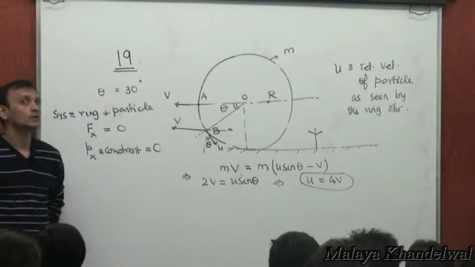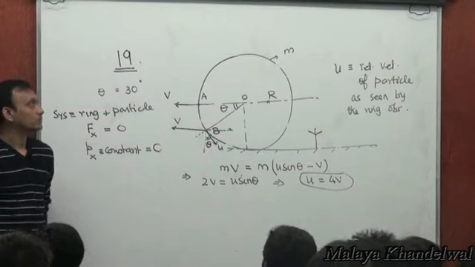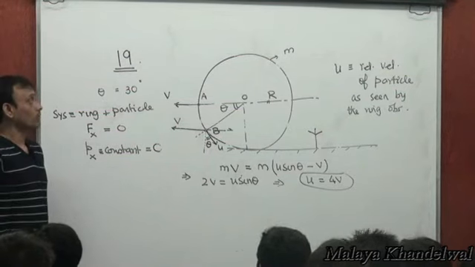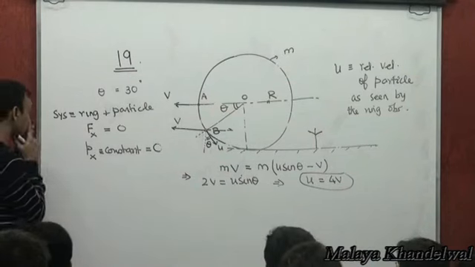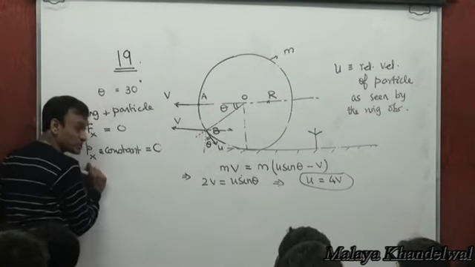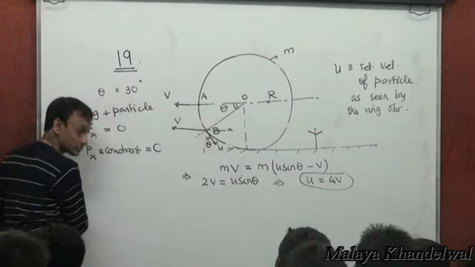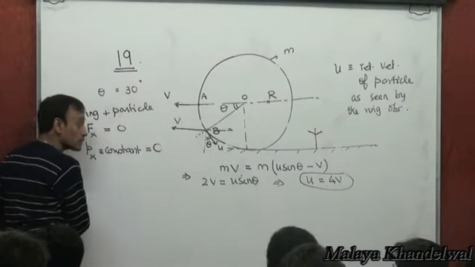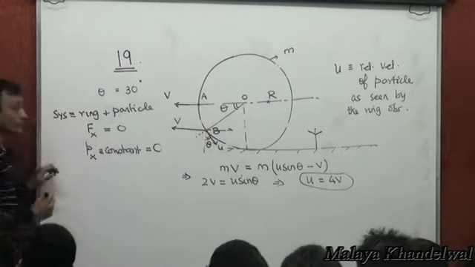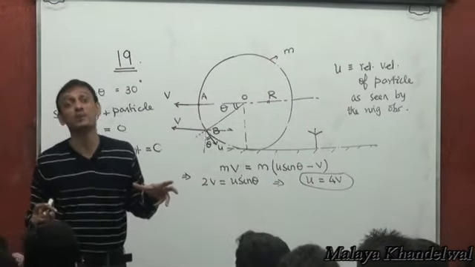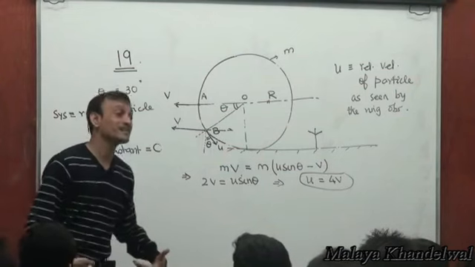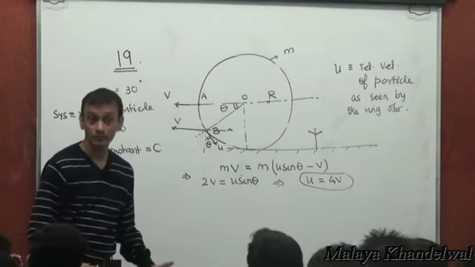Now, the displacement of the ring. One thing for sure, if the linear momentum in the x direction is constant, that means the center of mass of the ring plus particle has the same velocity all the time, right?